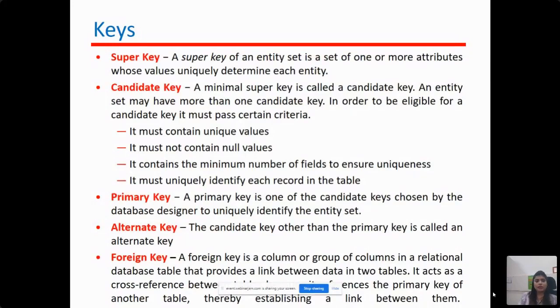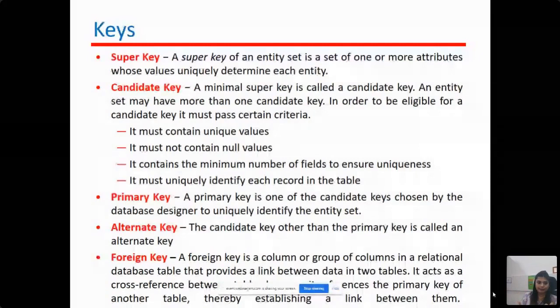Basically an entity set is given to you with its attributes, and from various attributes we are going to define the keys. So a super key will form a set such that every set uniquely determines the entity. Then we have candidate key, a minimal super key which uniquely determines each entity is called the candidate key.